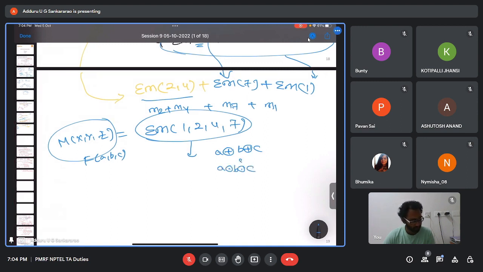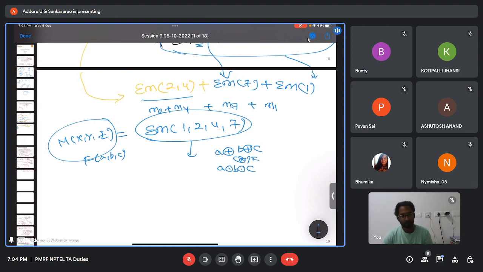Hope you know this. Both are same. These minterms are sigma m of 1, 2, 4, 7. This is A XOR B XOR C or A XNOR B XNOR C. Hope you know this.